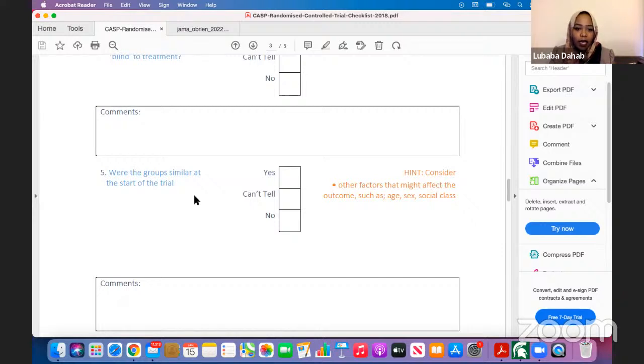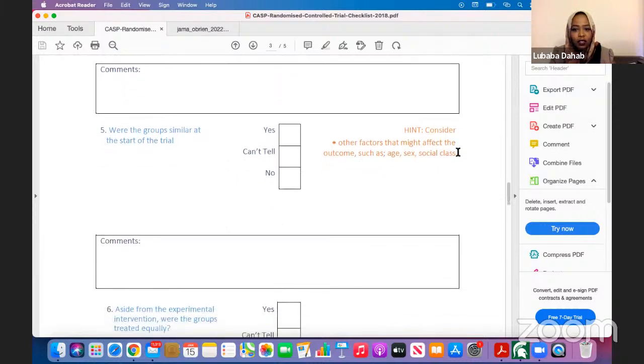However, whether all of them were similar at the start of the trial, I believe we cannot tell, since it was done at different sites. This is my opinion: 112 sites across the US, Romania and Moldova, I believe, and they mentioned most of these sites are in the US. So I think at the start of the trial, we cannot say they are similar. This is from my point of view.